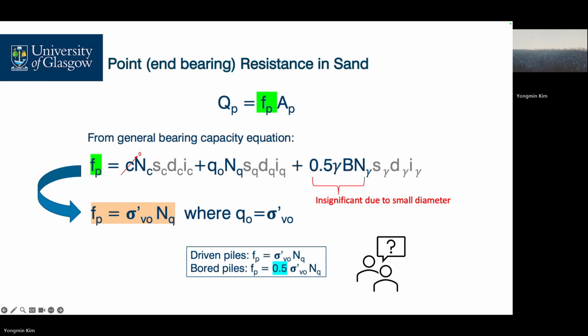Why? This is our general bearing capacity equation: cNc, qNq, 0.5 gamma B N gamma.